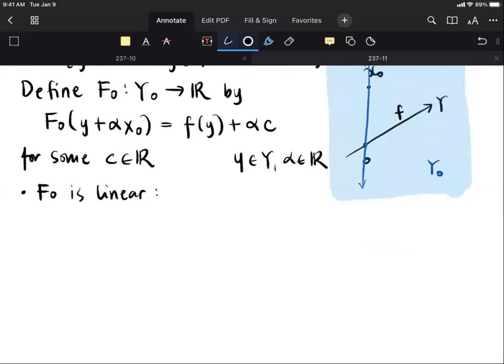So you take, let's say, two elements, y1 and y2 in Y, and you take three scalars, let's say alpha 1, alpha 2, and alpha in R. So you take the linear combination of the following.